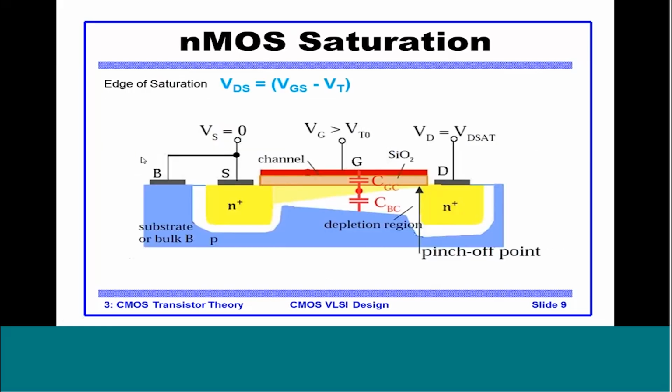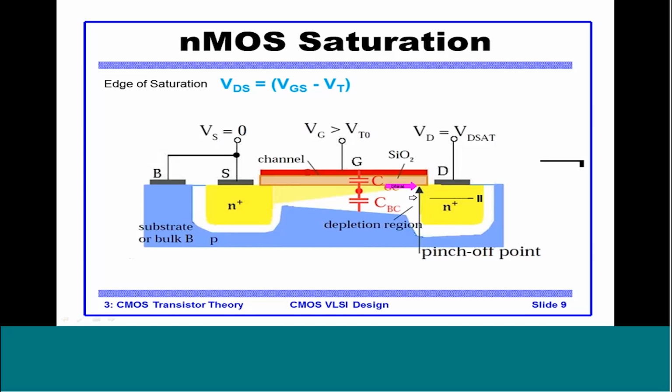Now what happens when we start increasing VGS or VDS such that the condition occurs where VDS is equal to VGS minus VT? When VDS approaches VGS minus VT, the region very close to drain, this part, the inversion layer gets pinched off.